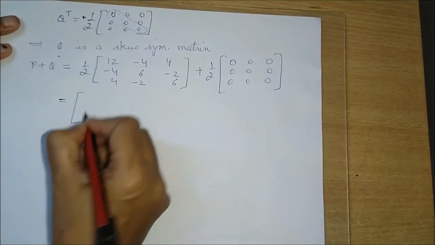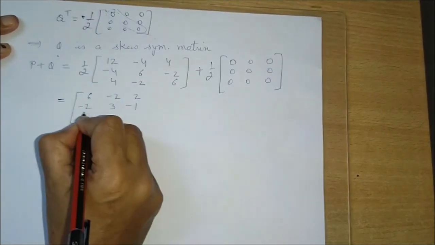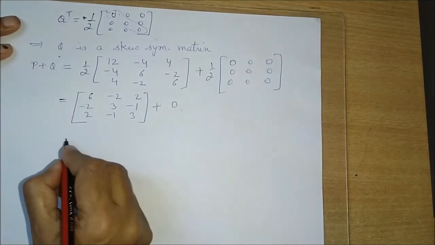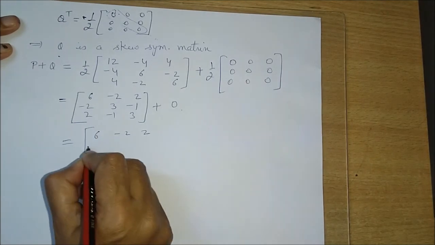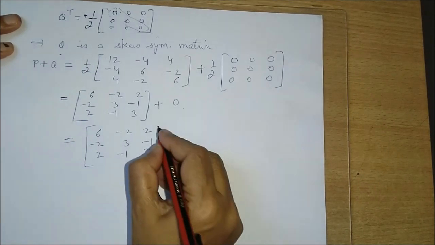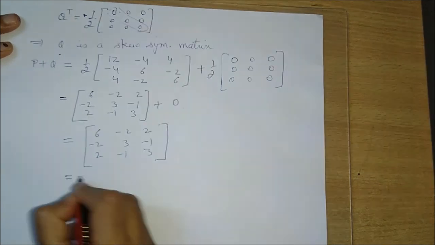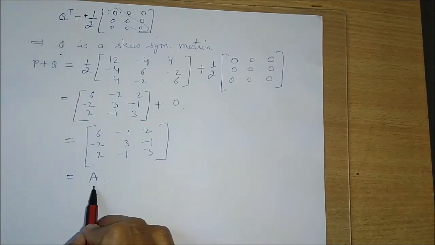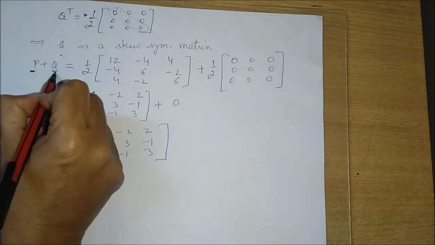We get [6 -2 2; -2 3 -1; 2 -1 3] plus 0. So we get the matrix [6 -2 2; -2 3 -1; 2 -1 3], which is equal to the given matrix. So the given matrix can be written as a sum of symmetric and skew symmetric matrix.